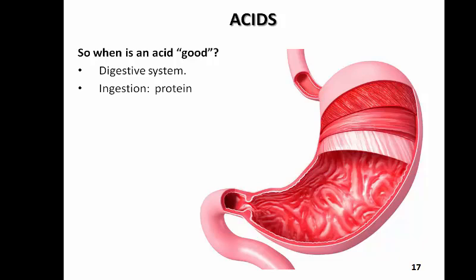And so when humans consume dietary protein, that protein must be broken up, must be digested, so that we can absorb the individual amino acids from the digestive system into the cardiovascular system.